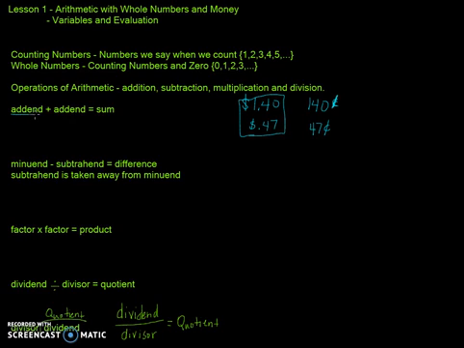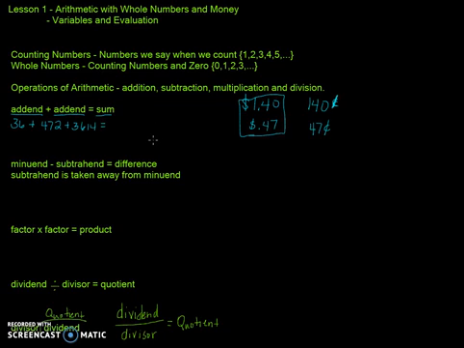Addend plus addend equals a sum. So let's give it an example. If we have 36 plus 472 plus 3,614, that's going to equal something.